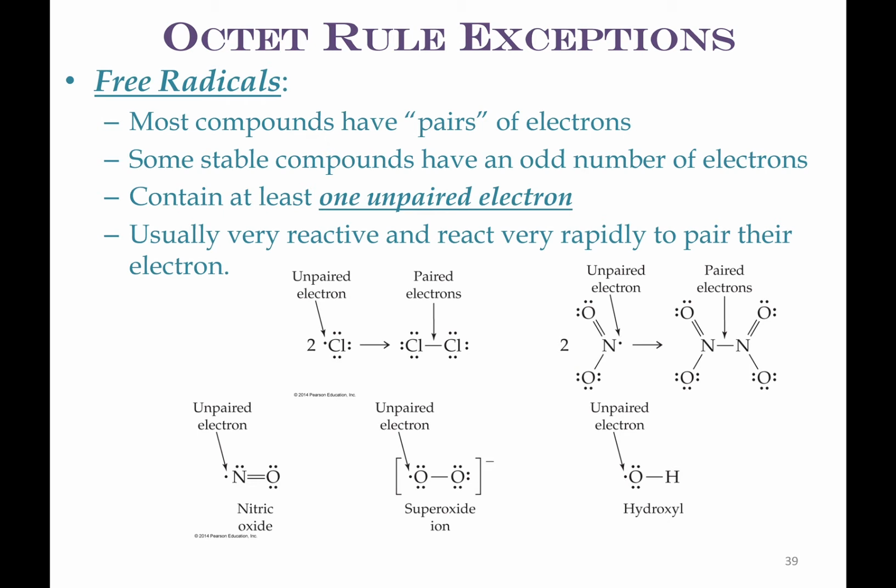Free radicals. Most of our electrons are always going to come in pairs, so that means they have even numbers of electrons. But some stable compounds do have an odd number of electrons. If they contain at least one unpaired electron, they're going to be called a free radical, and they're usually very reactive and react very quickly to get rid of that lone electron.